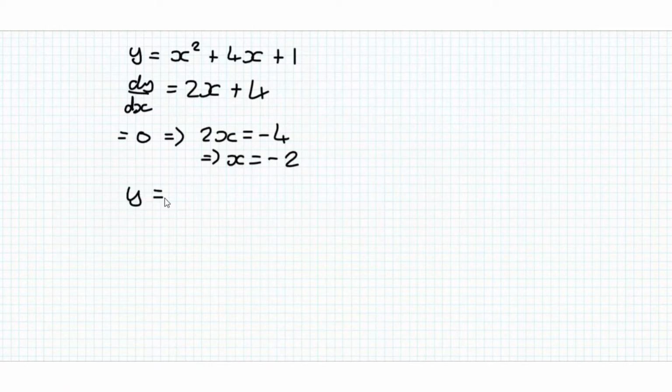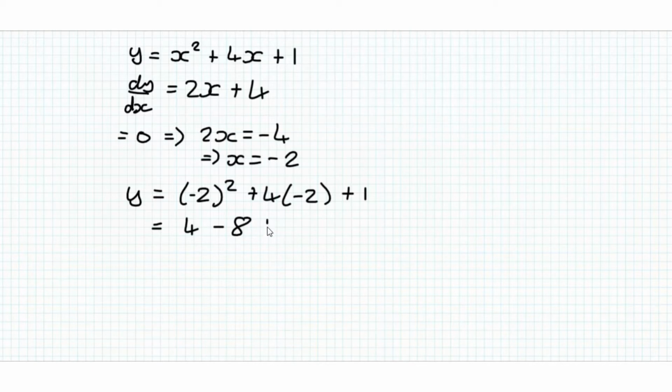So our y is equal to minus 2 squared plus 4 multiplied by minus 2 minus 8 plus 1, and that's equal to minus 3. So our single stationary point is minus 2, minus 3. We don't have any others because this clearly has no more real solutions.